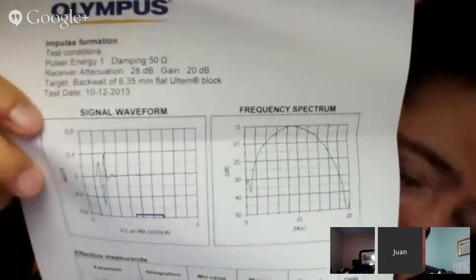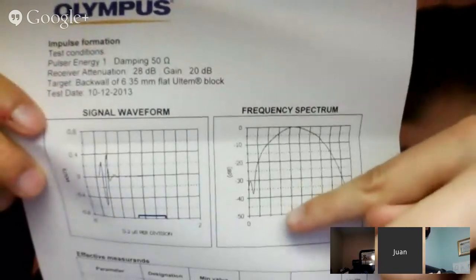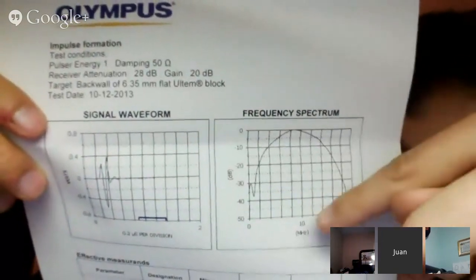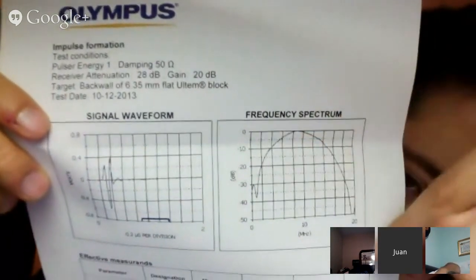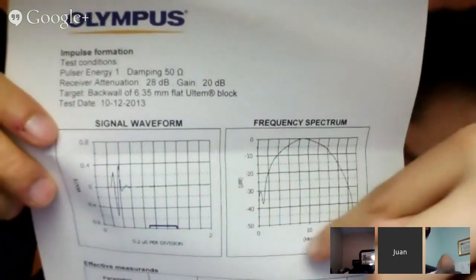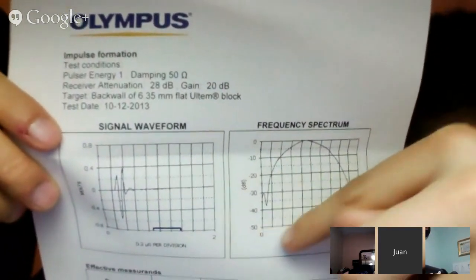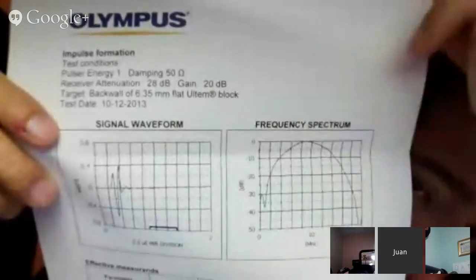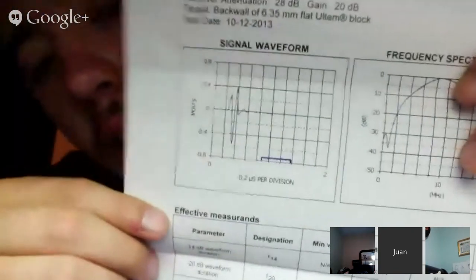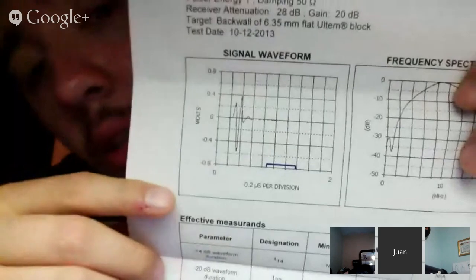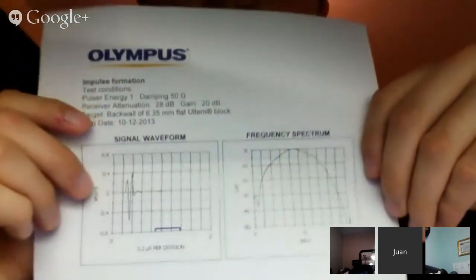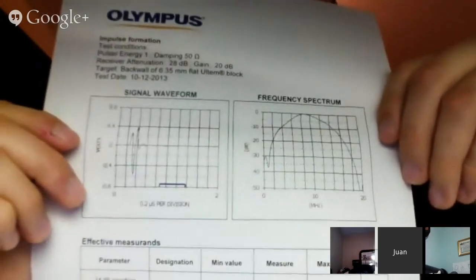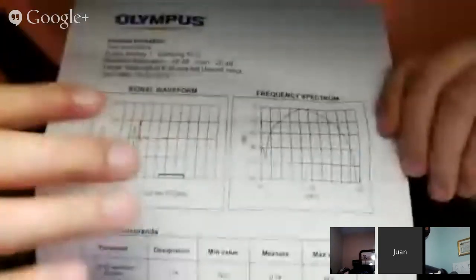In this case, you can see that at about 10 megahertz, this transducer has a greater response than it does at 20, or than it does between 0 and 10. And then you also have your signal waveform. So this is what they're talking about. When you get your transducer, you get this information in your documentation for each transducer.